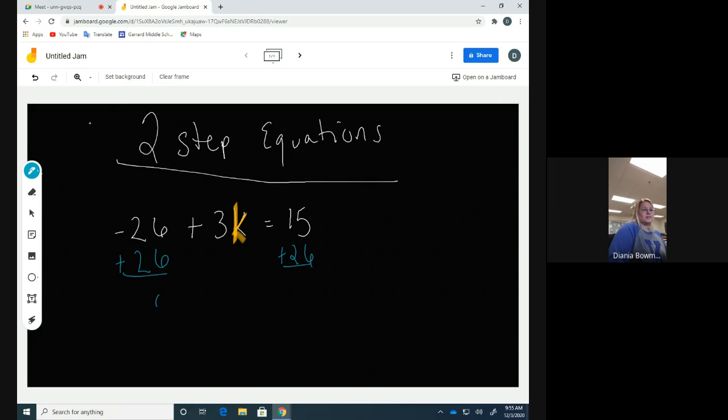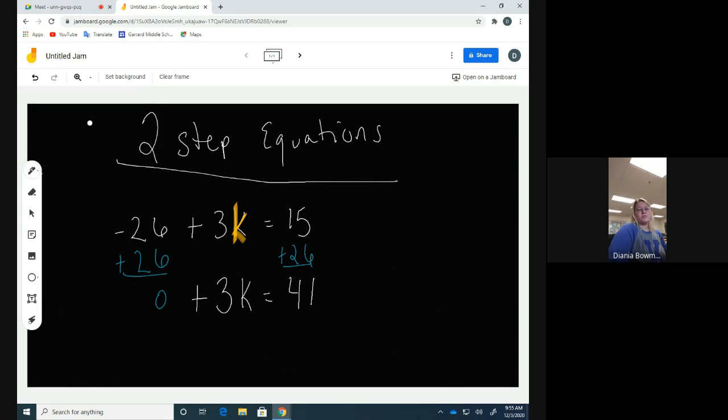This is going to equal 0, all right? I'm still left with my plus 3k on this side. 15 plus 26 is what? 41. All right. So this is a 0 and this is a positive.